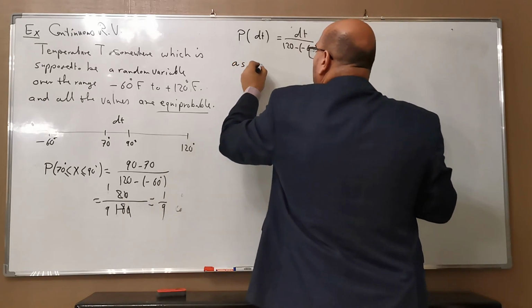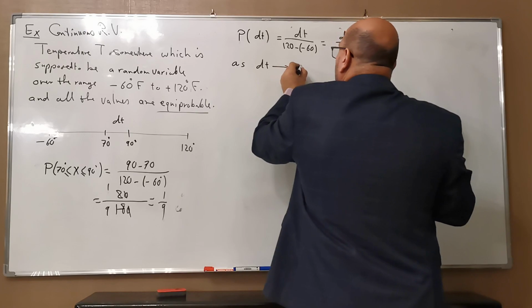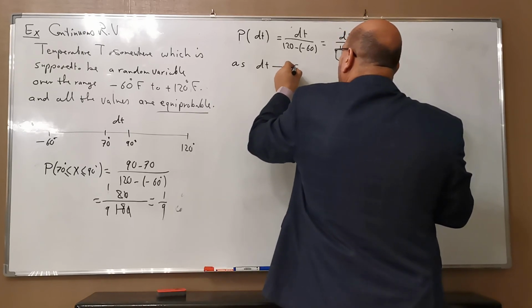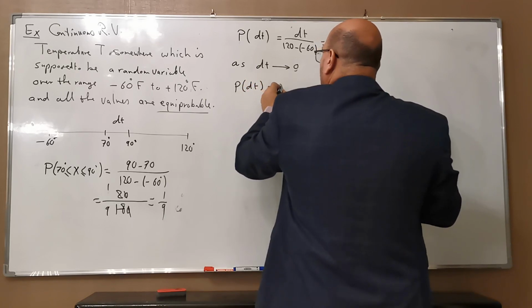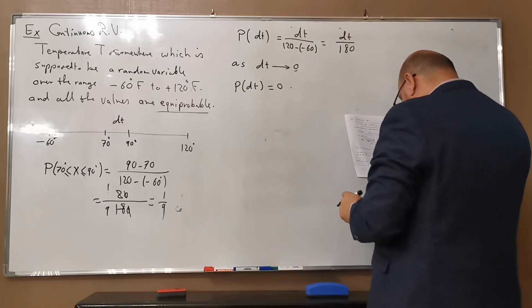As dt approaches 0, very small value, then the probability of dt is equal to 0. What does that mean?